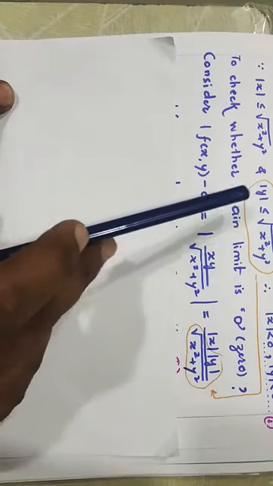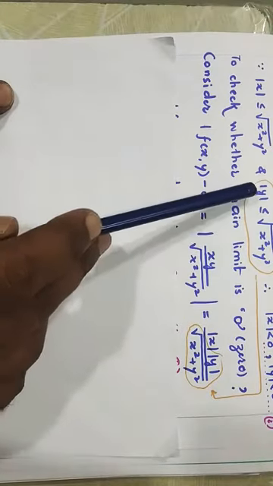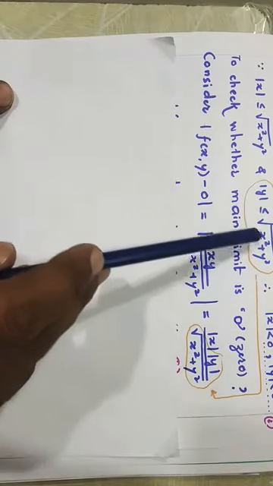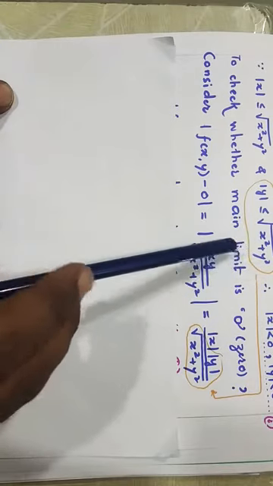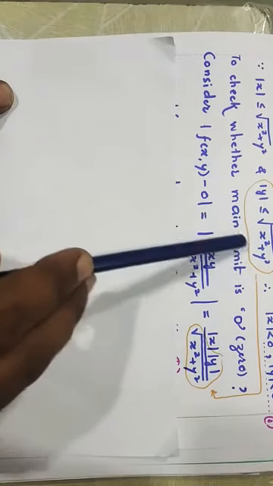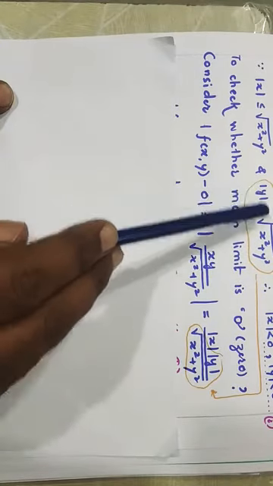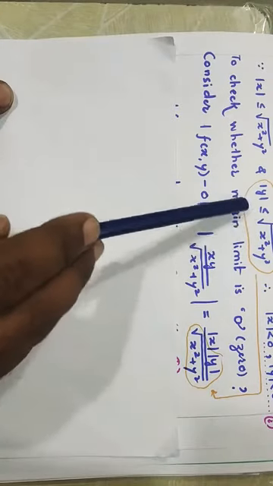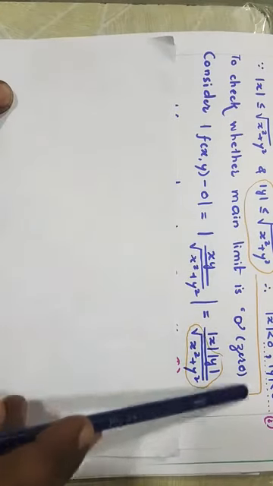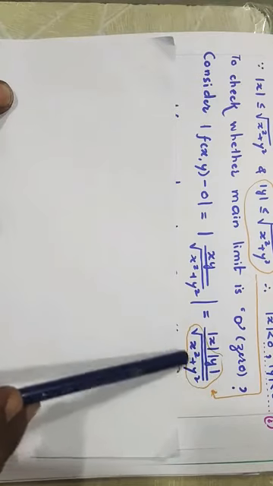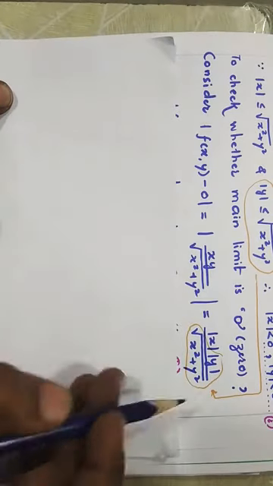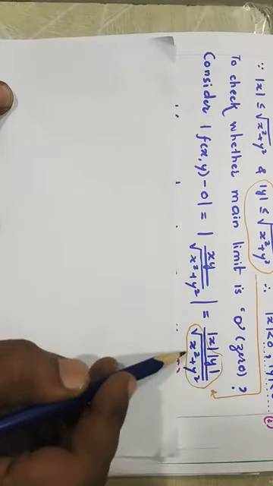But as I know that mod of y is less than or equal to the square root of x square plus y square, when I take this to the other side, mod of y upon this square root is less than or equal to 1. So I can use that over here.